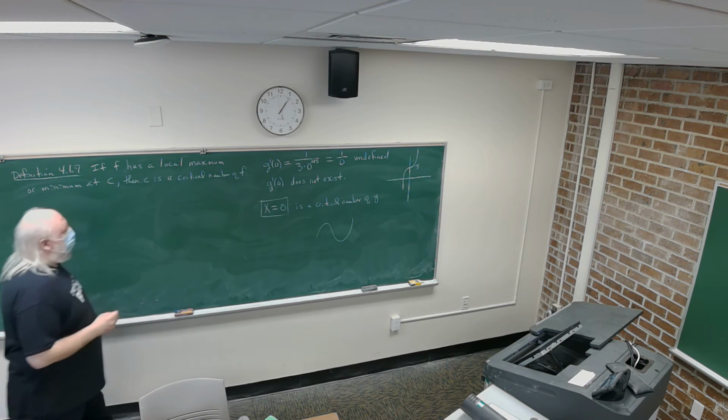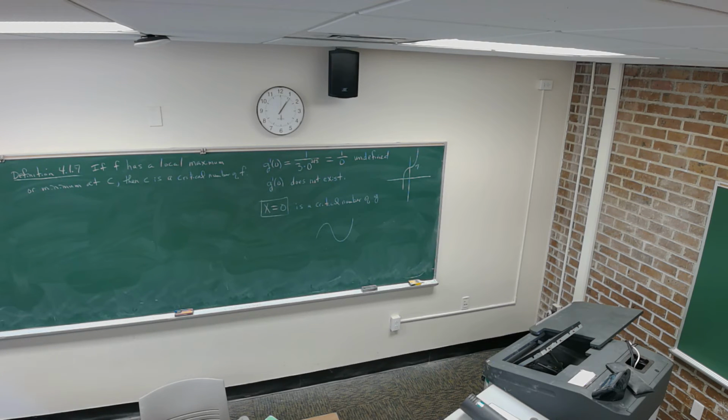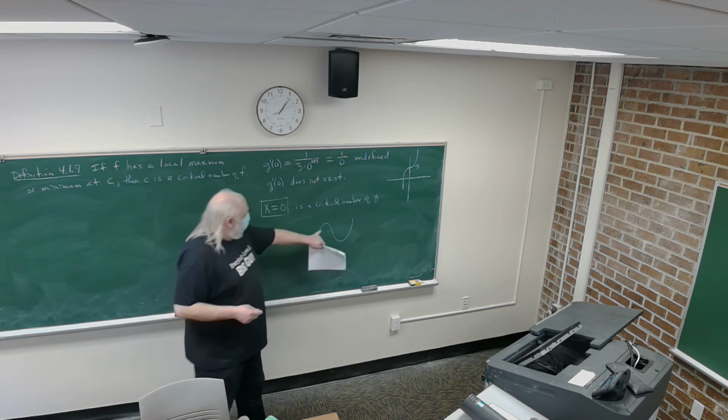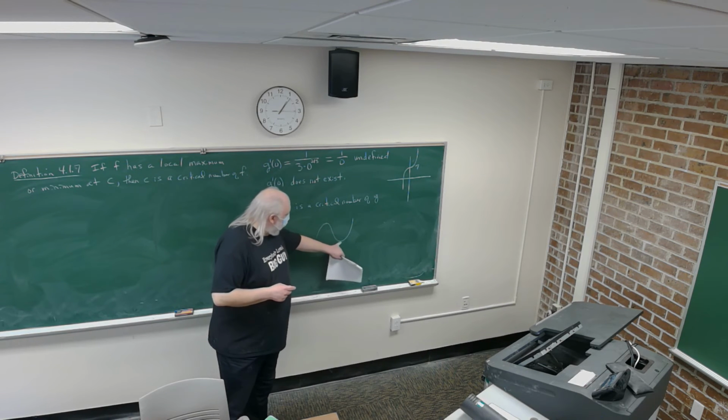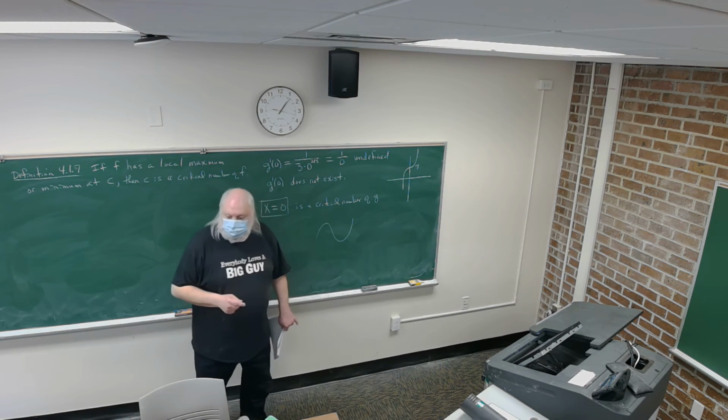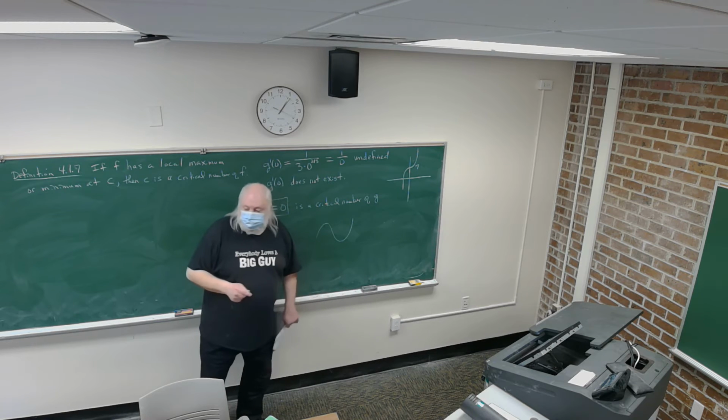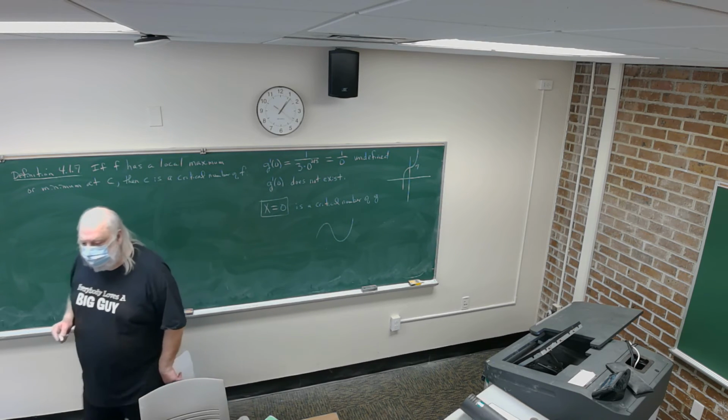This is just sort of reversing the logic. If f has a local maximum or a local minimum, then in this case the derivative in both those places would be 0, and that would make those two values critical numbers.